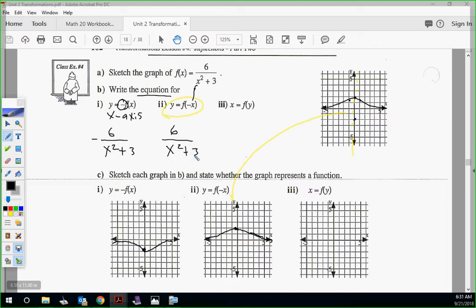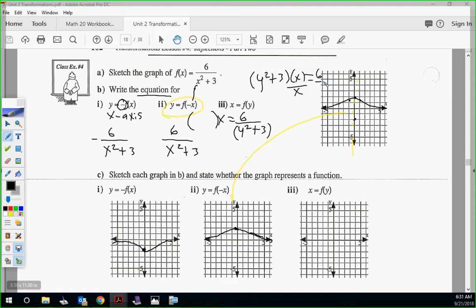It'll be a little bit messier for the one we're working on right now, because we're going to go x equals 6 over y squared plus 3, and we're going to solve from there. So let's go ahead and do that. I'll probably need a little bit more room, but I'm going to multiply this over here to get it off the bottom. That's going to give me y squared plus 3 times x equals 6.